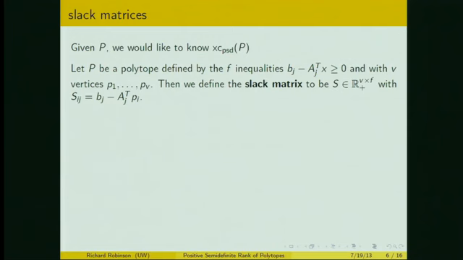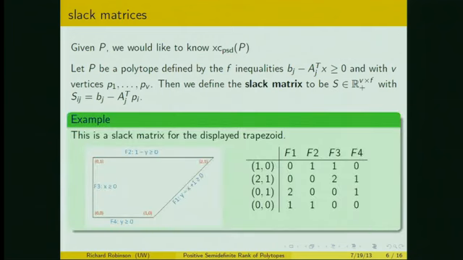So this is a non-negative matrix. Here's an example of what this looks like for this trapezoid. Here's the 4x4 matrix that I get. We see it's indexed on the rows by the vertices and in the columns by the inequalities. And if you plug in the vertices, you get the entries of the matrix.